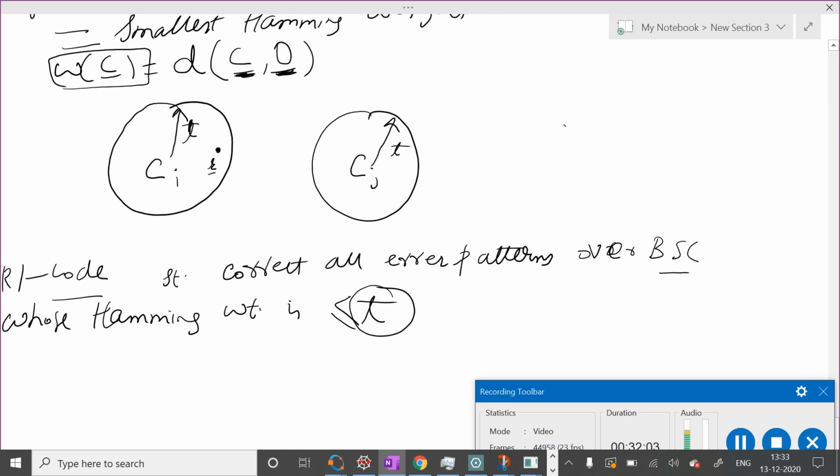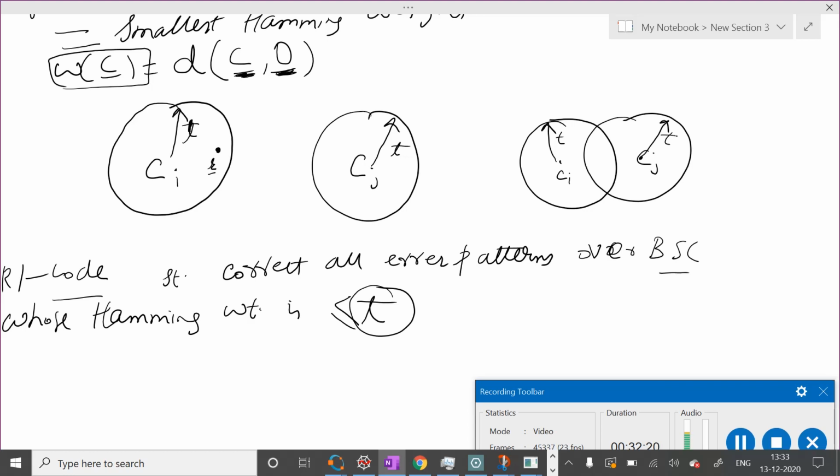There is another scenario like this. Suppose this is CI and CJ. Since the Hamming weight is at most t, we take at most radius t. Now if there is an error and the received vector falls here, there is no way to correct the error.